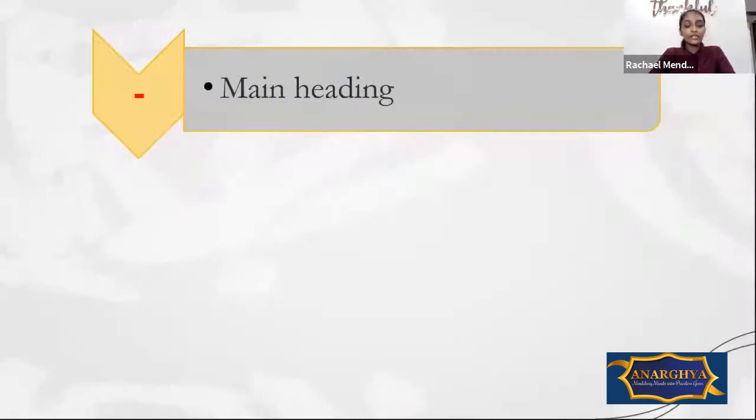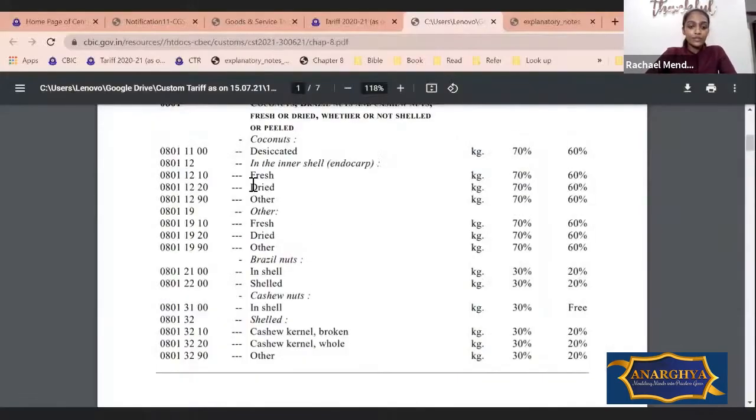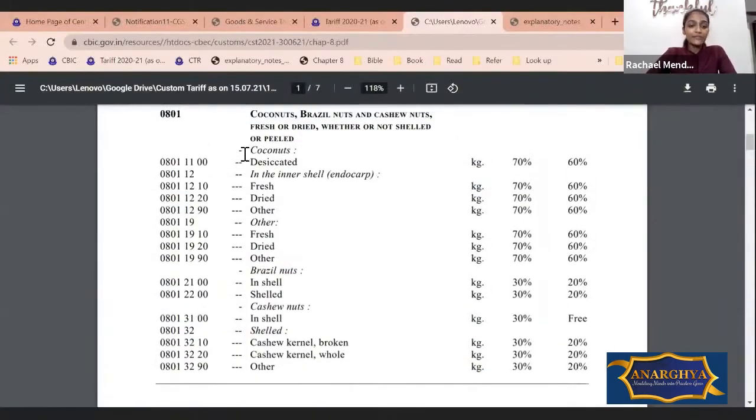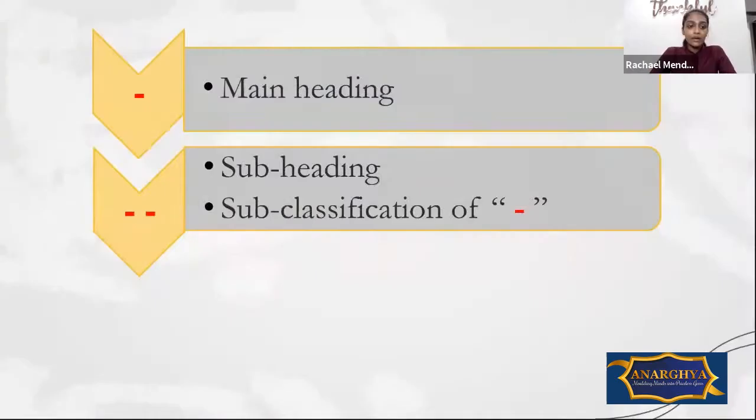A single dash refers to the main heading. So in our example over here, under this heading, we have 3 single dashes: coconuts, Brazil nuts, and cashew nuts. So these are the main headings. A double dash represents a subheading. It is a subclassification of the immediately preceding single dash.